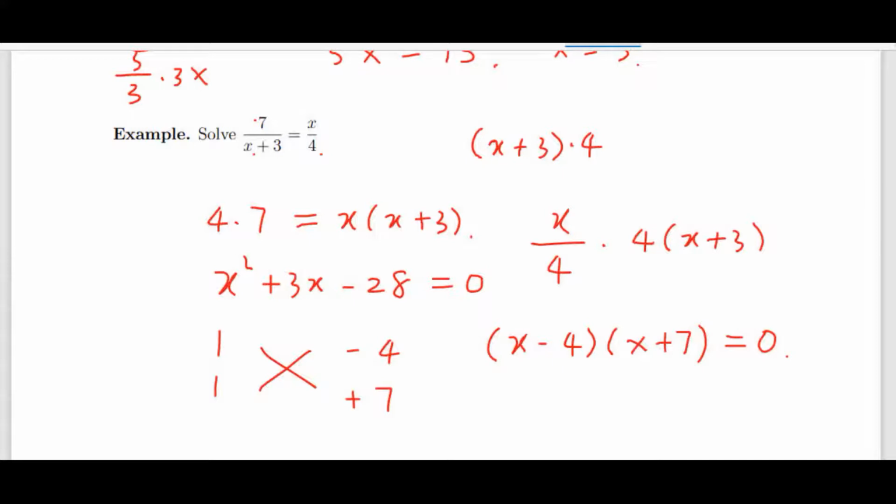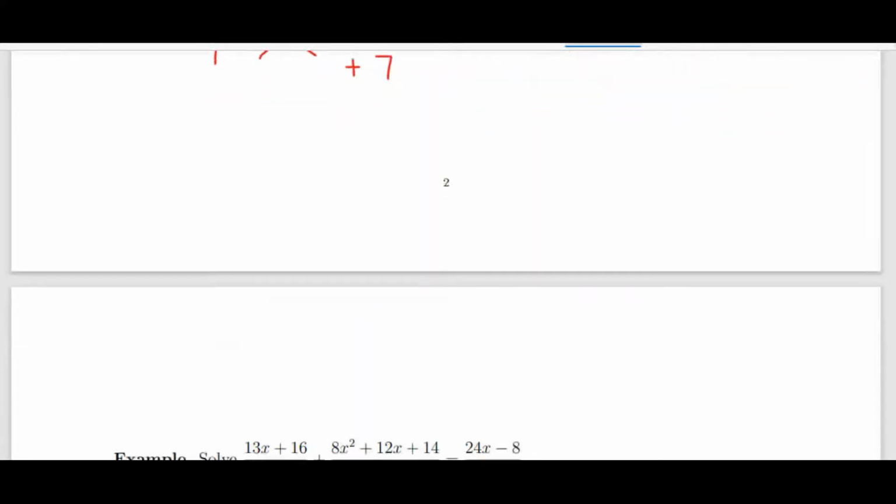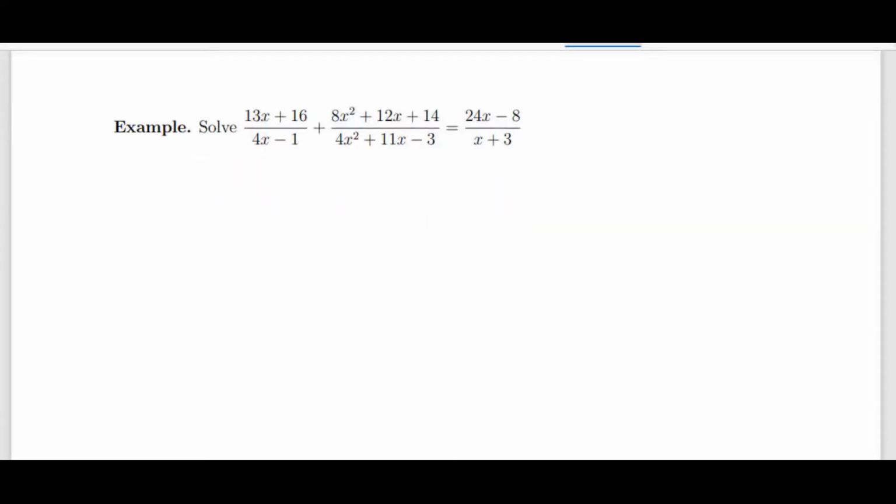So here the idea is quite the same. We don't like denominators, we don't like fractions, we prefer integers. So the key point is simplification. This equation looks quite complicated.